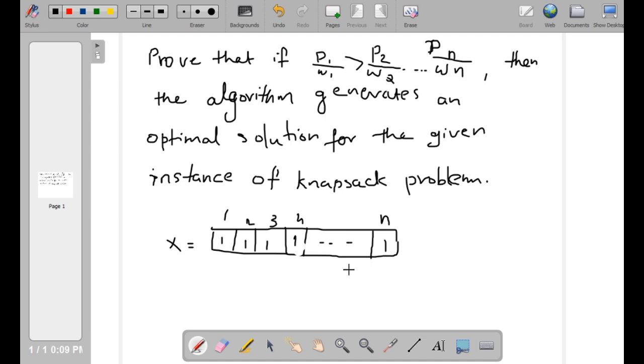If your algorithm gave an x like this, we can say this is optimal.